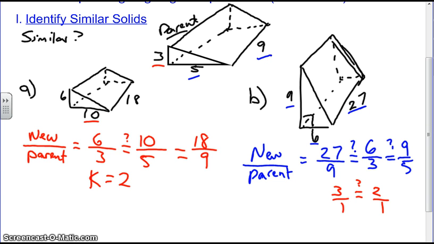Are those two ratios equal? No. So we can strike that out. So can we say that these two figures are similar? No, not similar. We don't even have to look at that third ratio, do we? Although we could look at it and we see that it equals 1 4/5, 1.8, and neither of these ratios equal 1.8. So figure B is not similar to the parent.